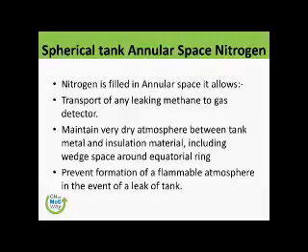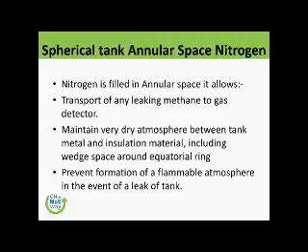Maintain a very dry atmosphere between the tank metal and insulation material, including the wedge space around the equatorial ring. Rusting is a very undesired situation, so in most cases we try to avoid that.